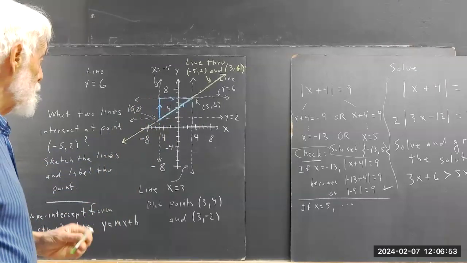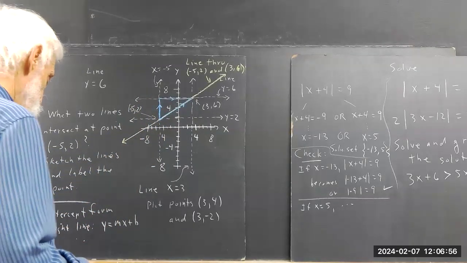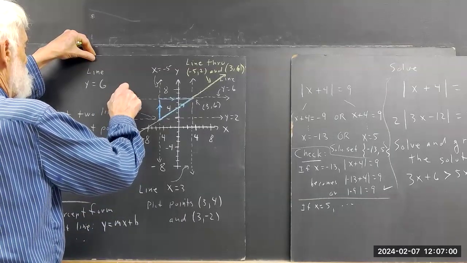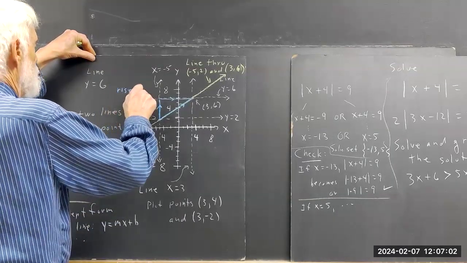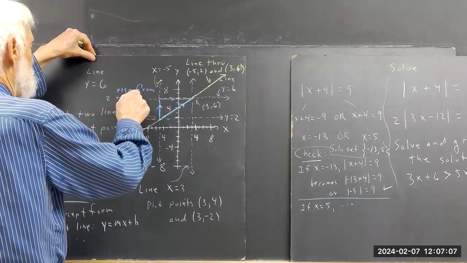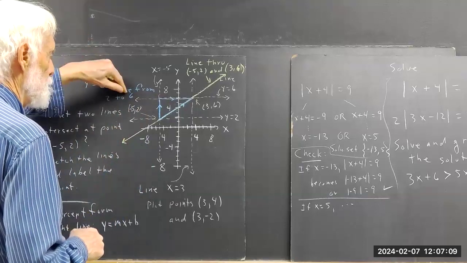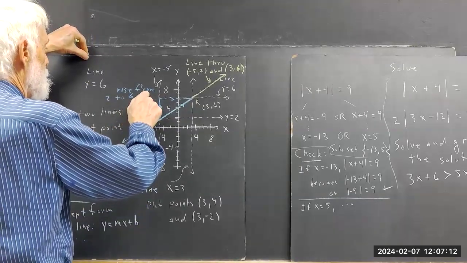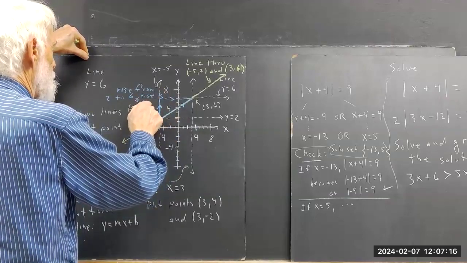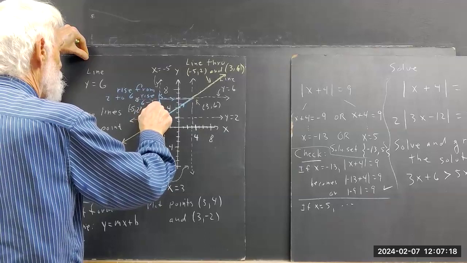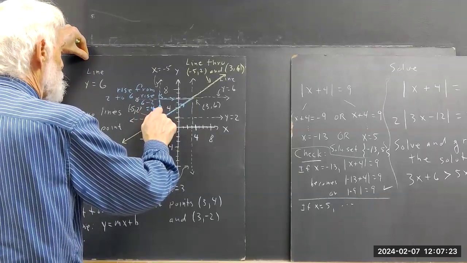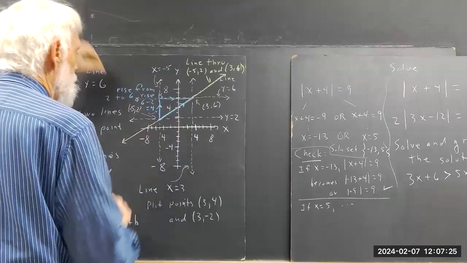Well, the rise goes from 2 to 6. The rise is 6 minus 2 equals 4. And right there's your rise.